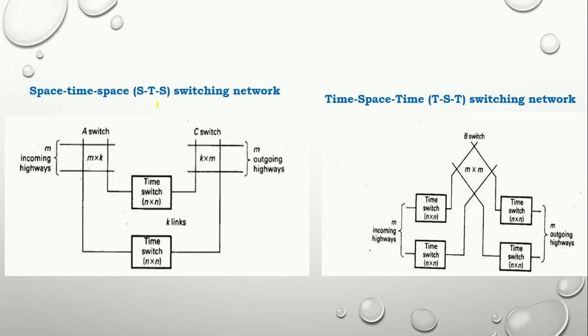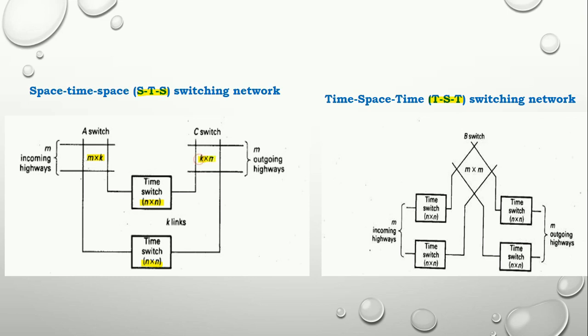The second important thing is a very easy diagram, the STS switching network and the TST switching network. You know how to write STS and TST. So here, if you connect a time switch between 2 space switches, it becomes an STS network, and the order is very simple. It is m cross k, that means m incoming lines, k outgoing lines. And for the time switch the slots are the same, for that purpose the order is n cross n.